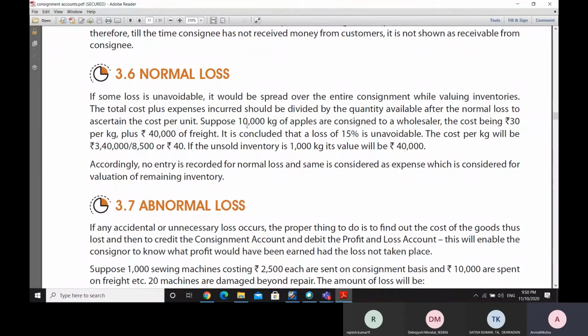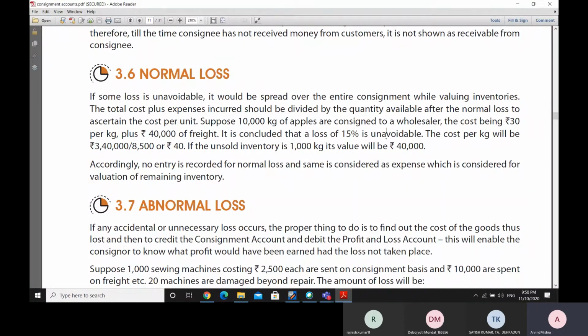Let us say there are 10,000 kilograms of apples sent on consignment to a wholesaler, and the cost per kg of apples was 30 rupees, plus 40,000 was spent on freight. And we are concluding that 15% loss of the apples is unavoidable.